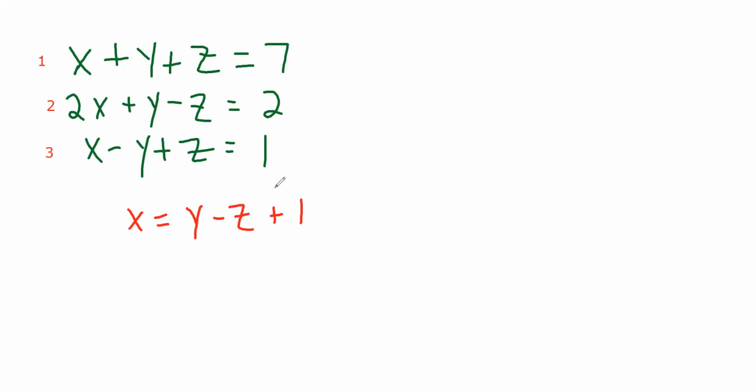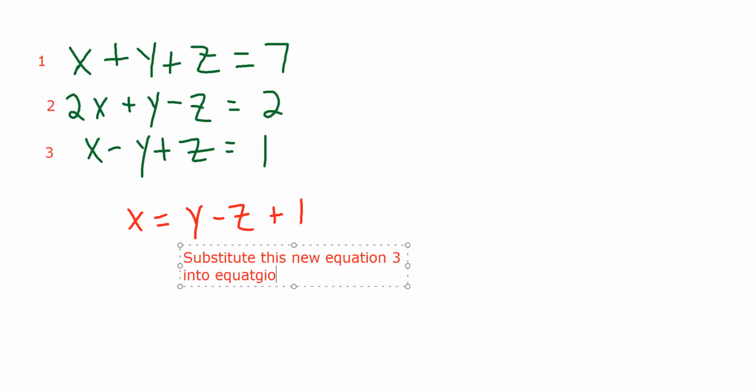Now, in doing that, I'm going to substitute this new equation 3 into equations 1 and 2. That just seems to me like a sound method, because then equations 1 and 2 will no longer have the x variable, they'll only have y and z. And now I've got it down to just two variables and two new equations.